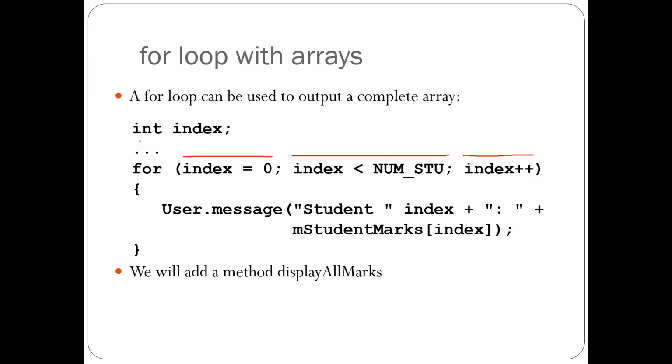So in the first part, this is your start point. What we've got is an integer variable called index, and it's only going to be used inside this for loop. So what we're saying is for index equals 0. So as soon as we start this loop, the first value for the index variable will be 0.